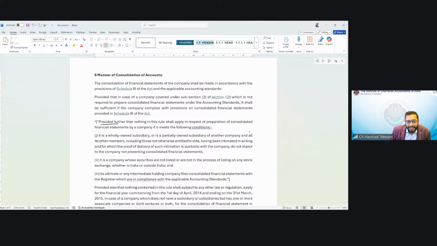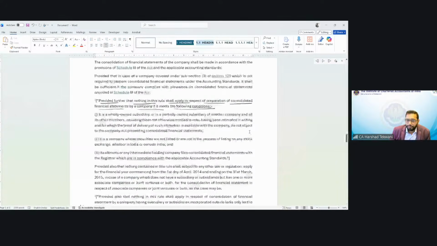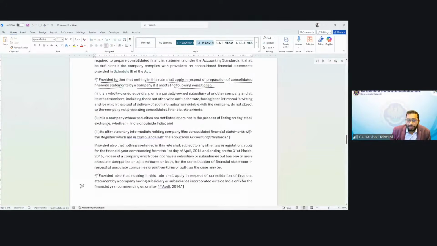So, it is provided further that nothing in this rule shall apply in respect of preparation of the consolidated financial statement by a company if it meets the following conditions. What are those conditions? These are the three conditions. If the company meets these three conditions, they are not required to prepare consolidation. So the rule will not be applicable. Okay. What is the thing?